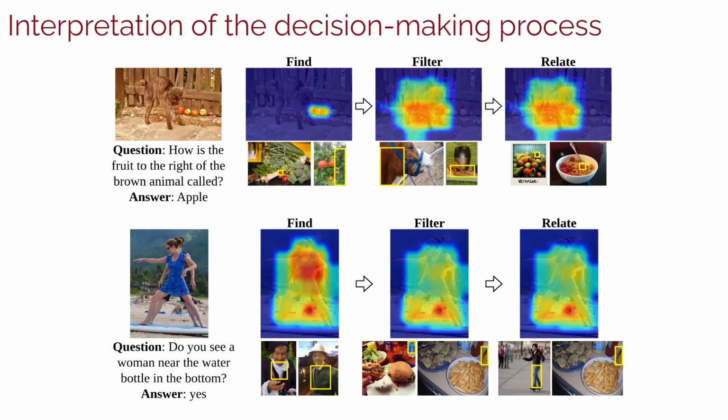Then it focuses on the prototype denoting brown color for the filter step. In the second example, women is a novel object unseen in the training data. Nevertheless, the model is still able to localize it based on the commonality of clothing between men and women.